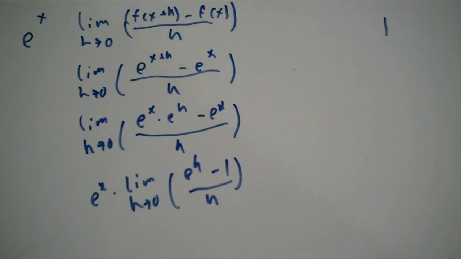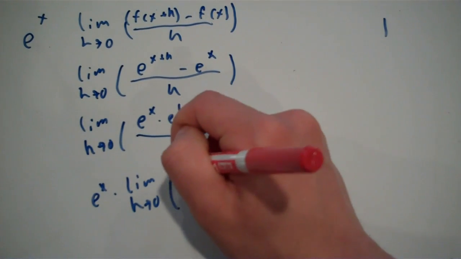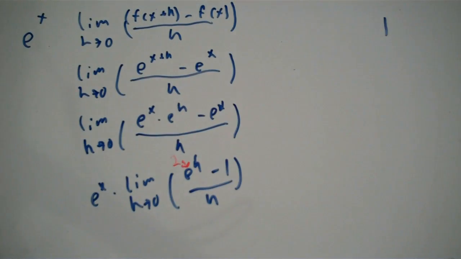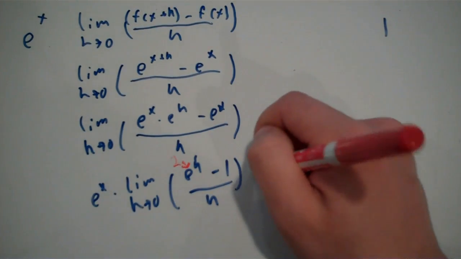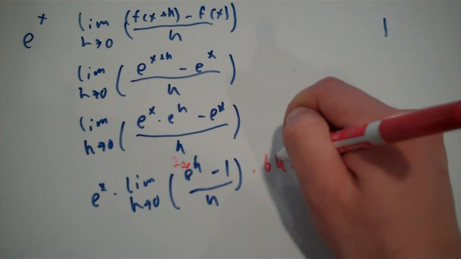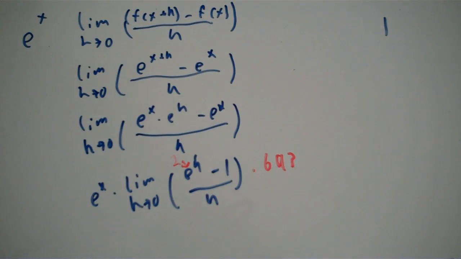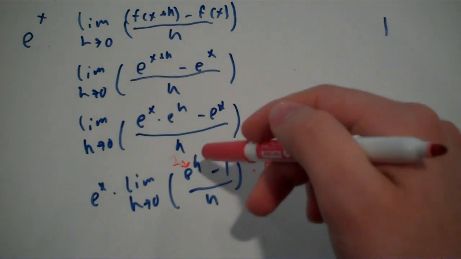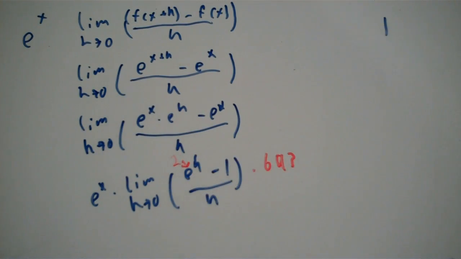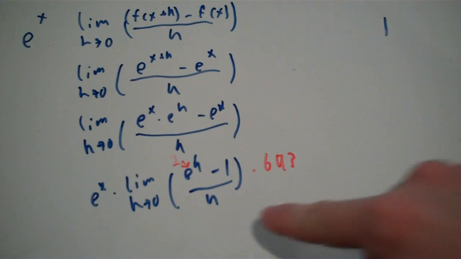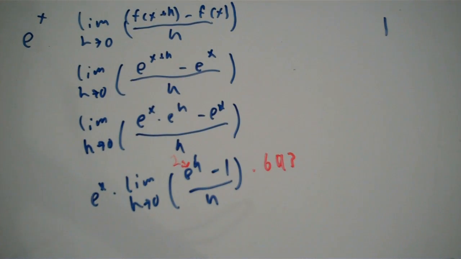Now, this is only the case if we have an e in there. If we were to plug in 2 there, it would not approach 1. It would approach 0.693, approximately. And so only if we have e as our base will this expression approach 1. Now, since we do have e in there, it approaches 1.